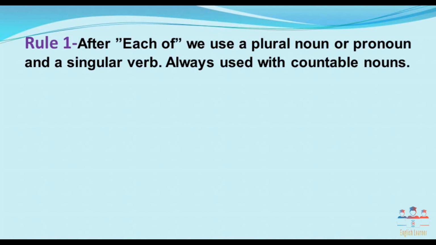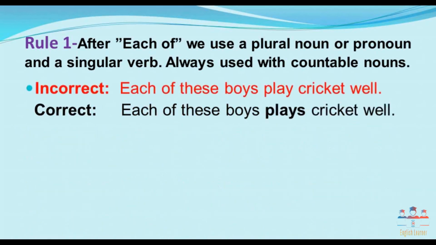Let us have rule number 1. After each of, we use the plural noun or the plural pronoun and a singular verb, always used with countable nouns. Let us apply this rule on an example. The example is, each of these boys play cricket well.